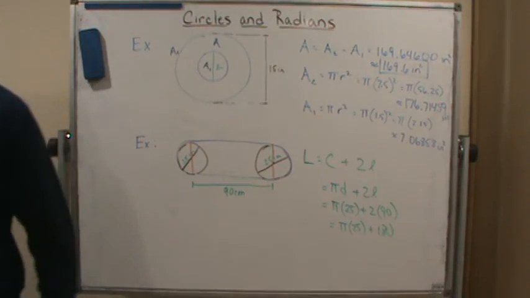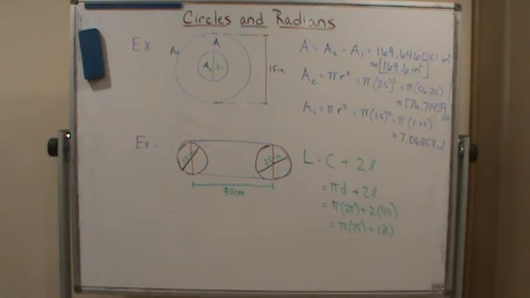And so if we stick this in our calculator, we get 258.5 centimeters rounded. Again, they want us to round to the nearest tenth of a centimeter.